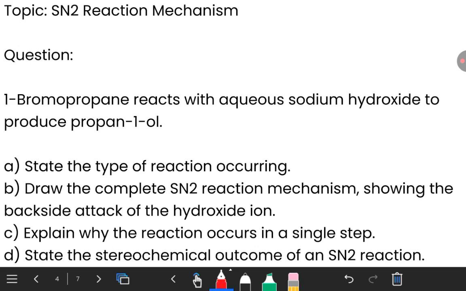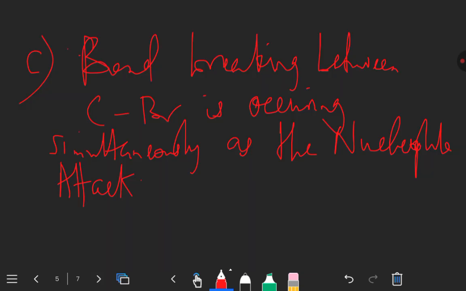Then the next question is: state the stereochemical outcome of an SN2 reaction. So for an SN2 reaction, there is just a complete inversion of configuration, which is also known as a Walden inversion, and it occurs at the chiral carbon. So this occurs just where you have a carbon bonded to 4 different groups, if it is a chiral compound.